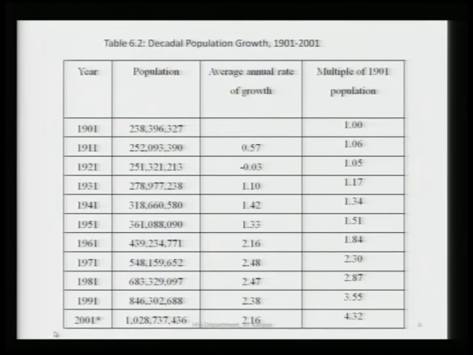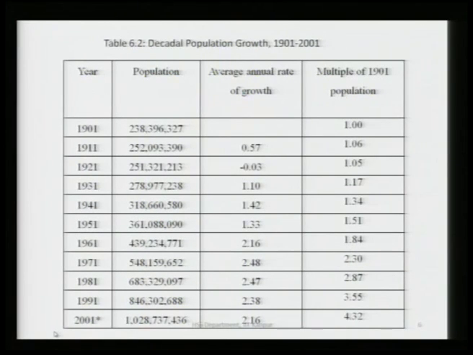In 1901, the Census of India enumerated a population of 238 million. Then it grew to 252 million in the next census, yielding an average annual growth rate of 0.57% per year.